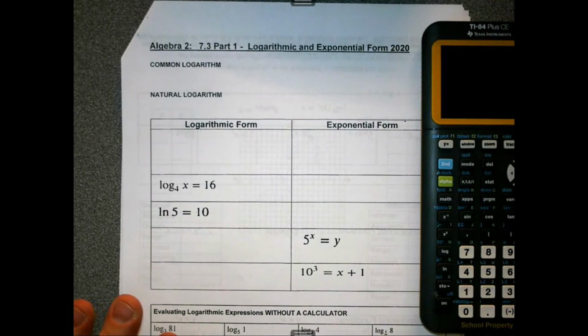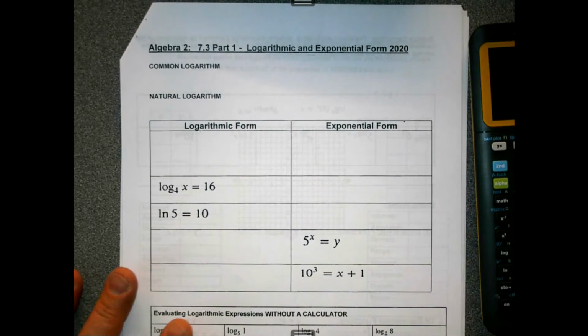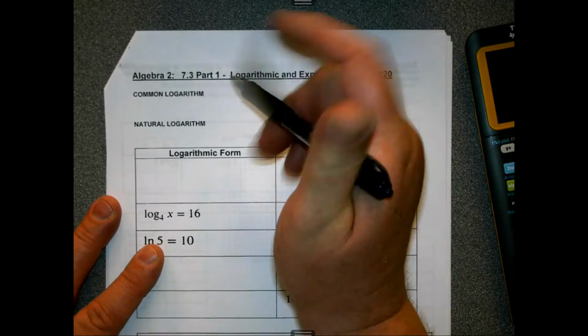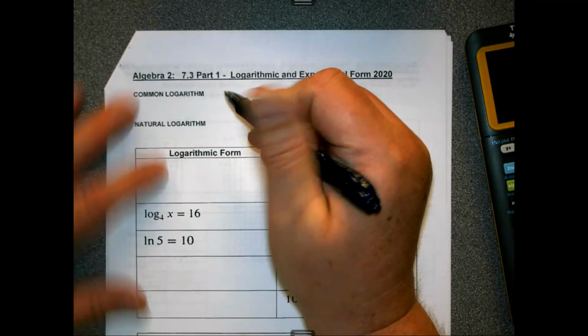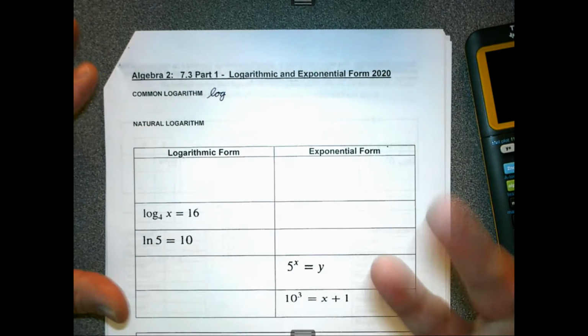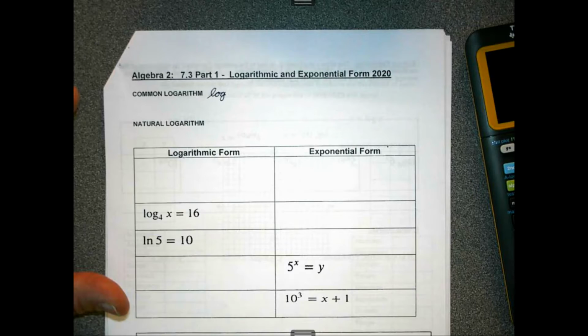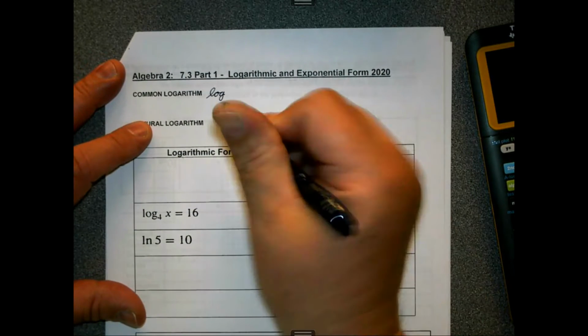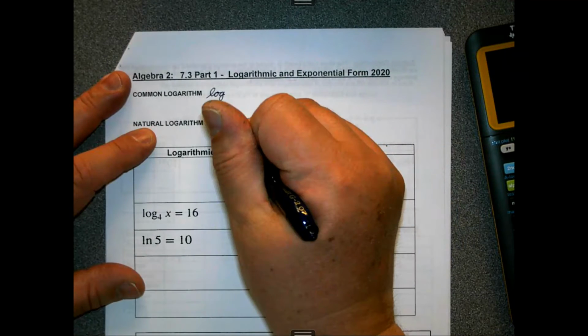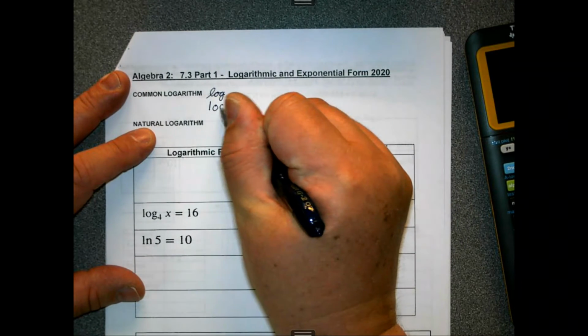I'm going to write it out, and guys, I'm going to be writing in what we call cursive writing because that's what I did for 30 years. I write log like that. You guys probably print it, right?